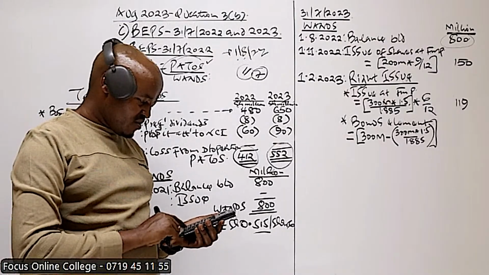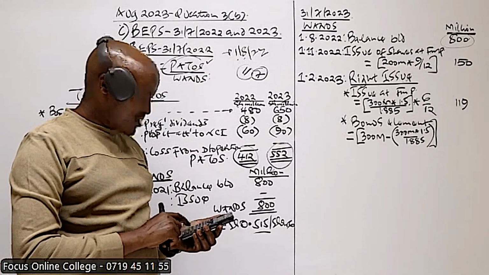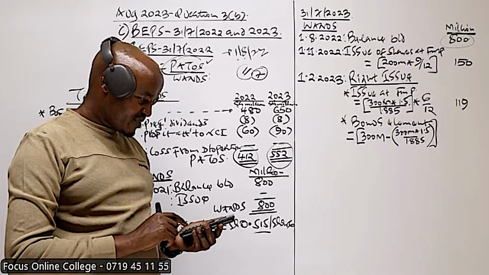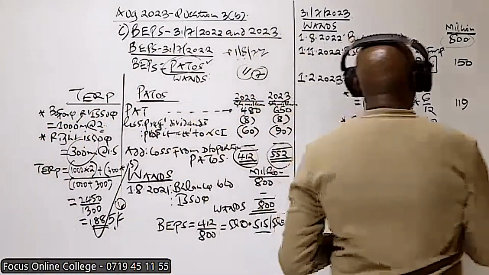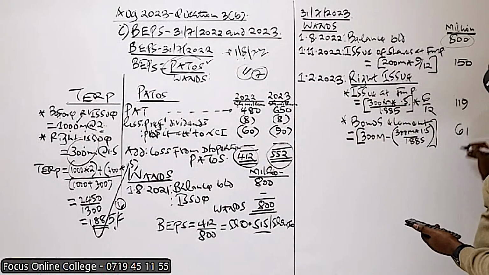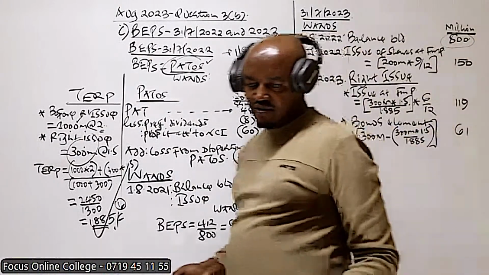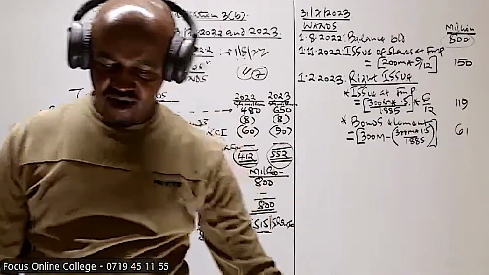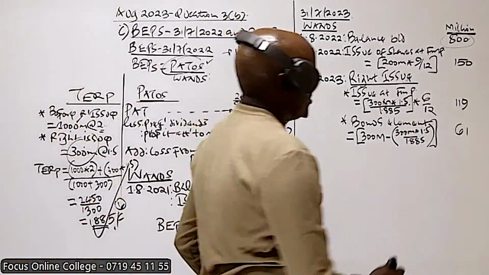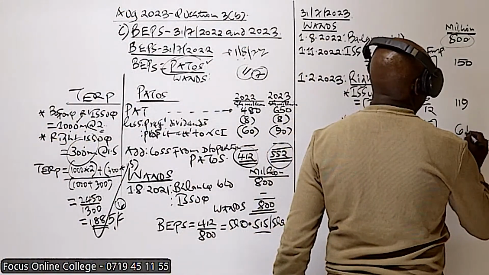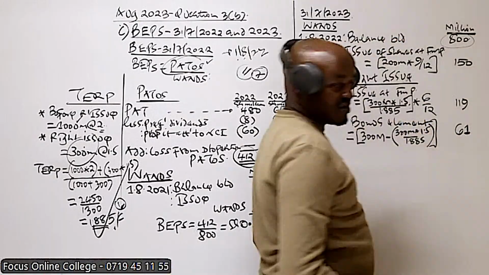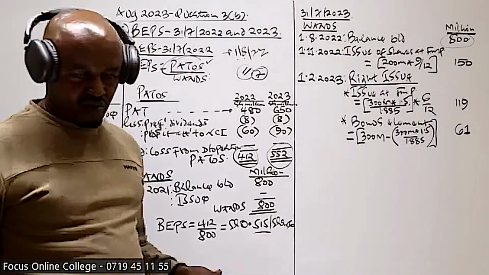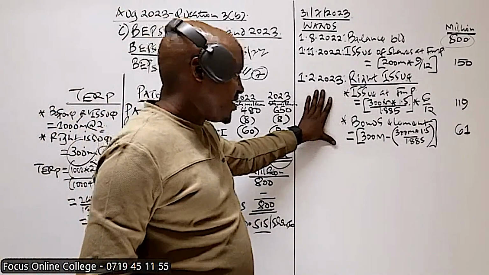So 300 times 1.5 divided by 1.885, we subtract that from 300, and that gives us 61 million. Are you getting that? Yes, 61 million. So basically that's how we deal with the rights issue.